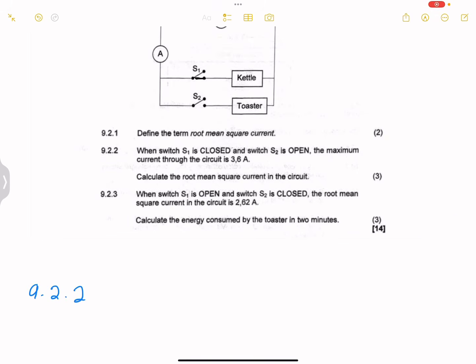They say the maximum current through the circuit is 3.6 amperes. Now they want us to calculate the root mean square current in the circuit, right? So remember, they've given us the maximum. So we know I RMS would be I max divided by square root 2.